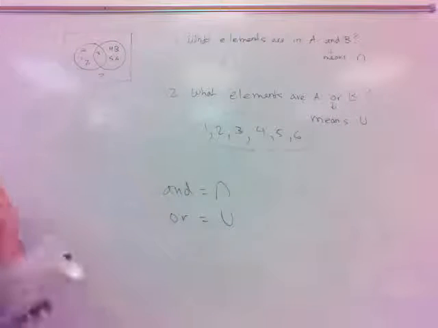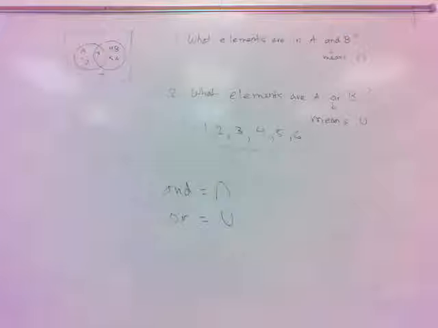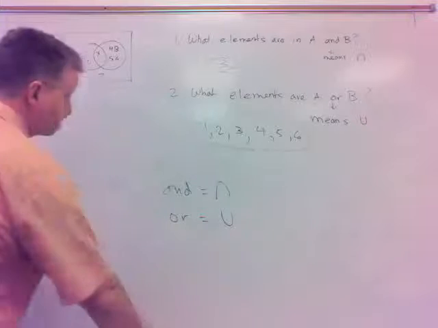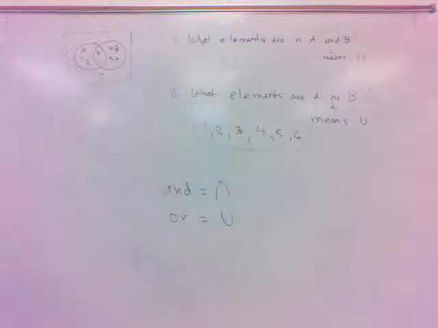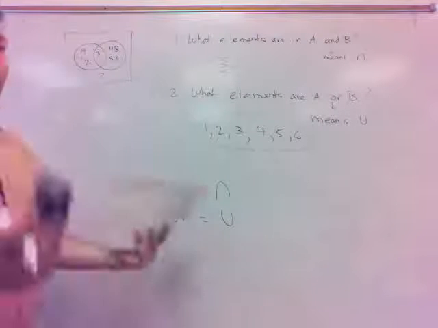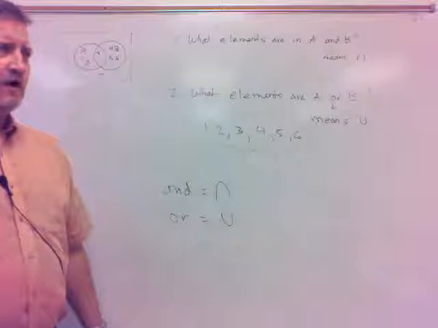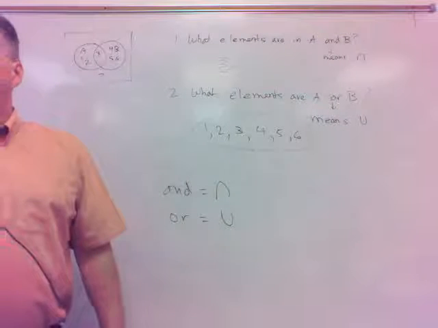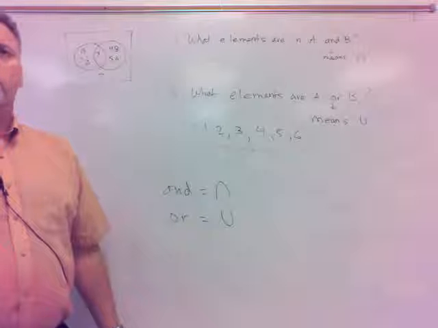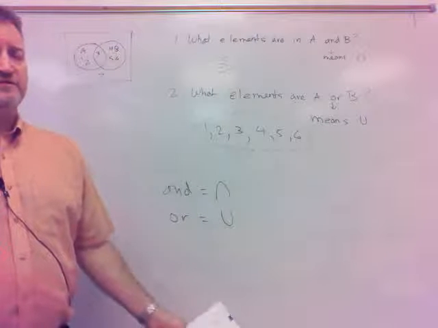Okay? So I wanted to mention that, and we'll deal with that more in a moment. How would you say the or can be in either one? If I ask you, are you in a math class or a science class in the fall semester?